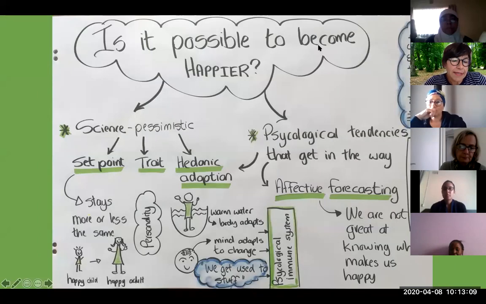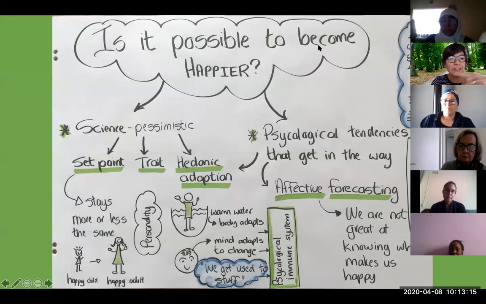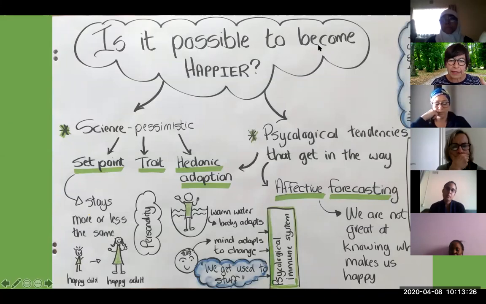So what does the science say? From a science point of view, it's actually quite pessimistic. What the science says is, first of all, that we're all born with a set point. There's genetics that predetermine how happy you are going to be as an individual, and you can do things to increase your happiness, but you will probably always go back down to the baseline of what is predetermined by your genetics.